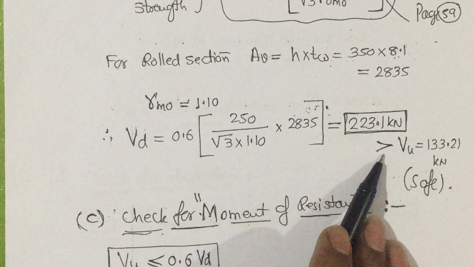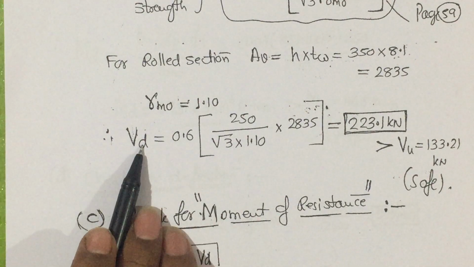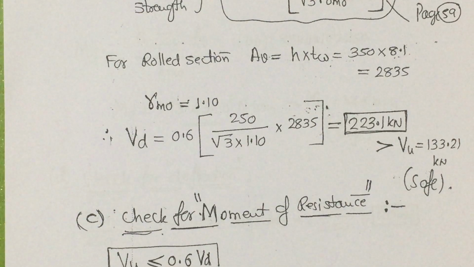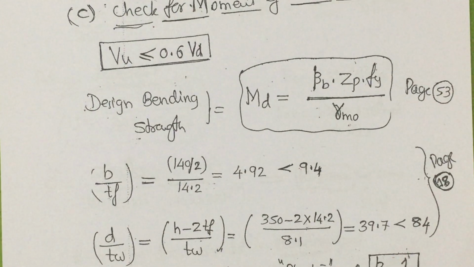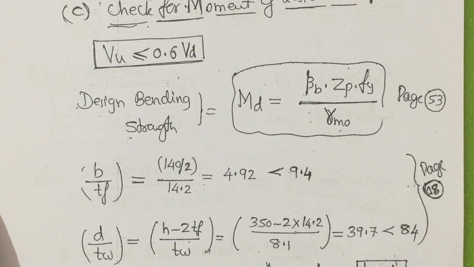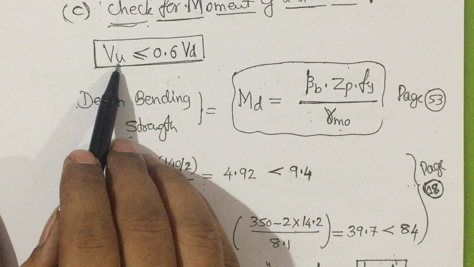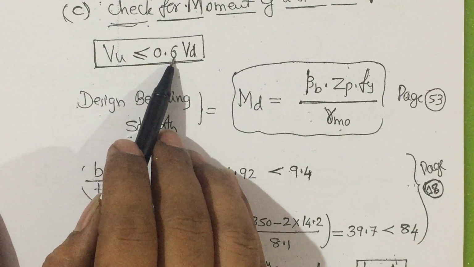If Vd is greater than Vu, then it will be safe. Vd is nothing but design shear force, Vu is nothing but ultimate shear force. So, then go for check for moment of resistance. Here we need to check whether Vu is greater than 0.6 Vd or less than 0.6 Vd.